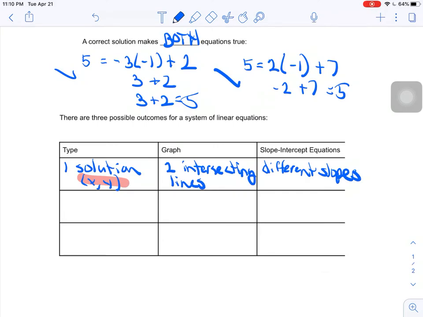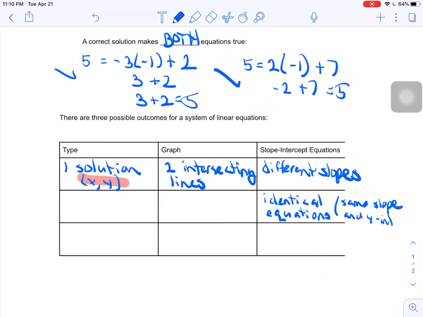Now the other types, you saw 2 other types in your activity yesterday. So you saw a graph where, we're actually going to kind of go backwards through this, where you had identical equations, so both equations were the same. So identical equations would be the same slope and the same y-intercept.